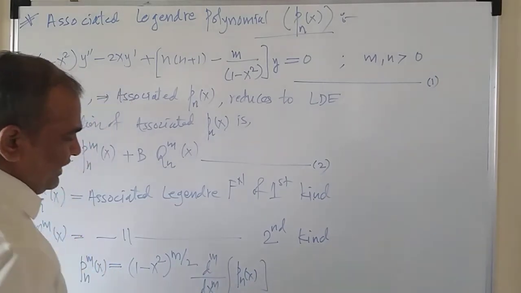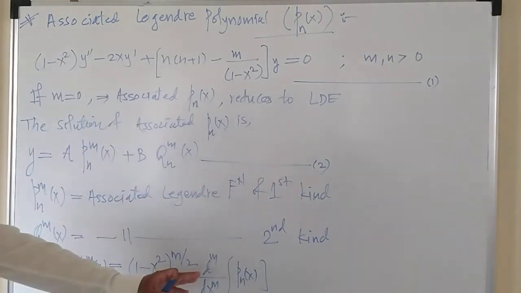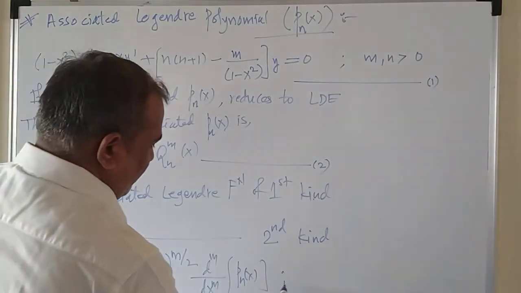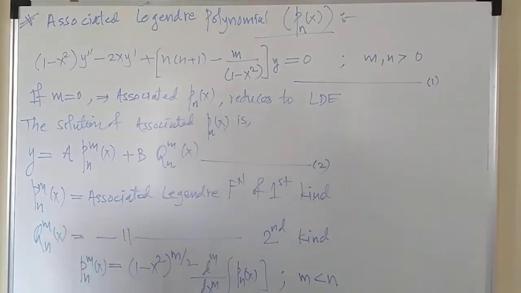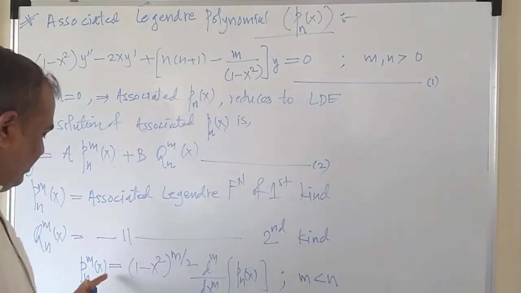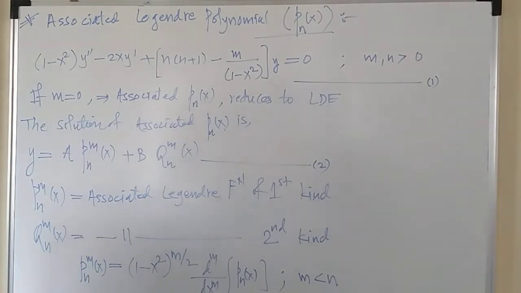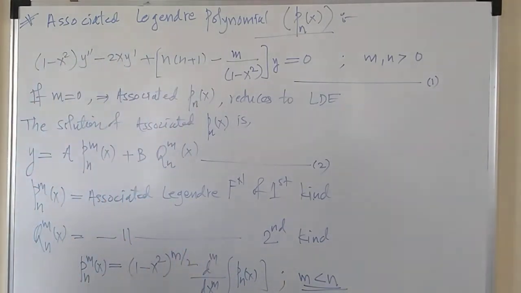Pn of x is a Legendre polynomial, so this is the mth derivative of Pn of x, where m is less than n. Then and only then this is valid. If m is greater than n, then this value equals 0. Please remember, this is very important. This is only valid when m is less than n.